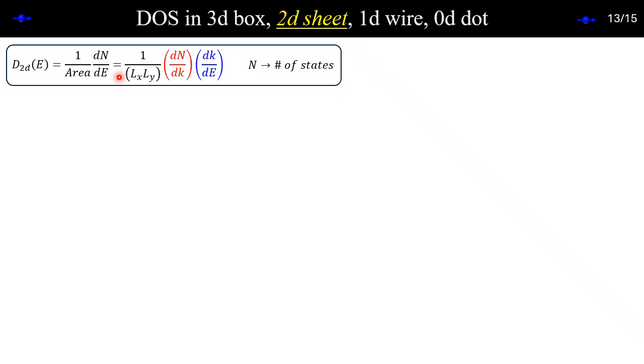Within a disk of k radius, how many solutions you have? So how many solutions in general? What is the smallest volume for 2D in k space? 2 pi by Lx, 2 pi by Ly. So within that area, you got one solution. So how many states do you have?